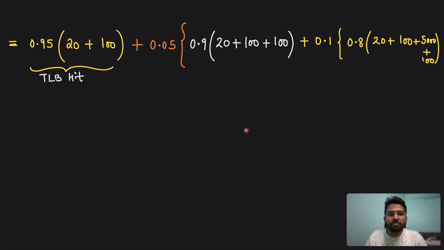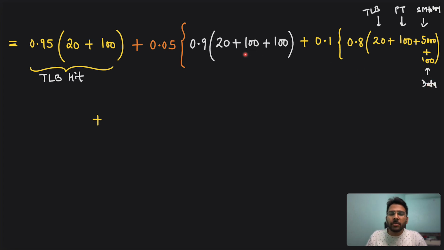Is it fine? Now I'm writing here the rest of the expression. So for 80%, we are going to go to the TLB. We are doing the page table lookup. We are loading it from the secondary memory to main memory, right? And then finally accessing the data.